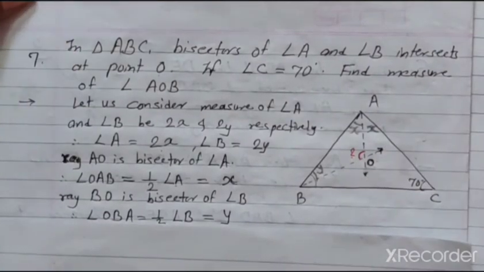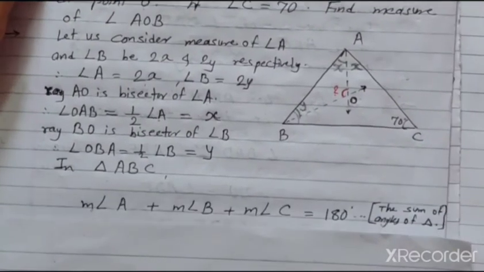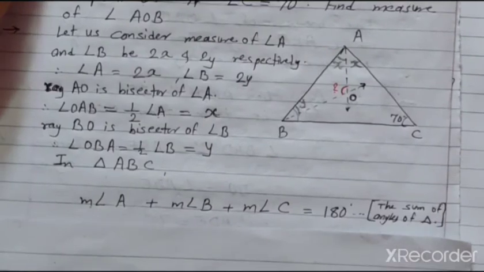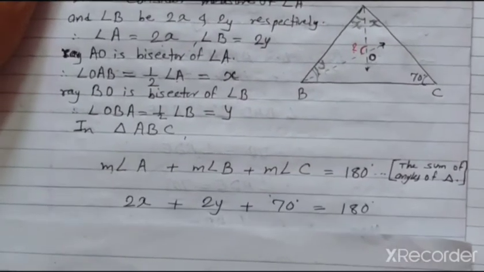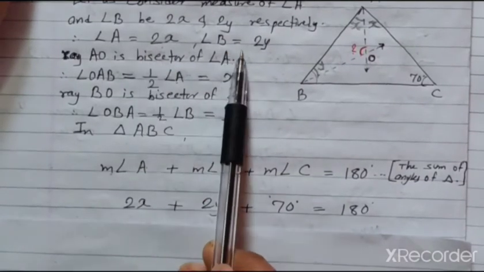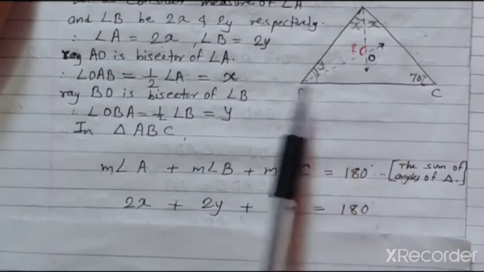Now, in triangle ABC, the measure of angle A plus B plus C is equal to 180. The sum of all angles is supplementary. Therefore, now here substitute the value of A, that is 2x, plus the value of B, 2y, and the value of C is already given in our question.